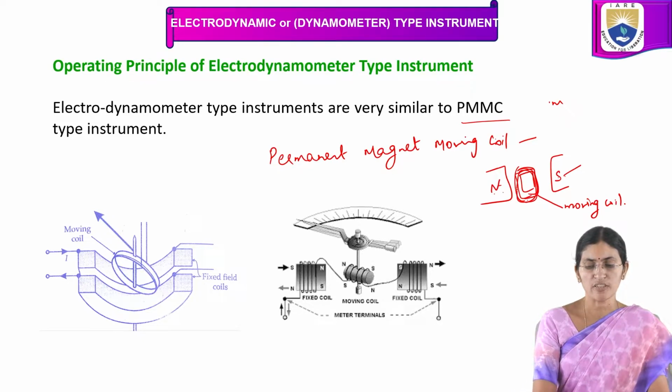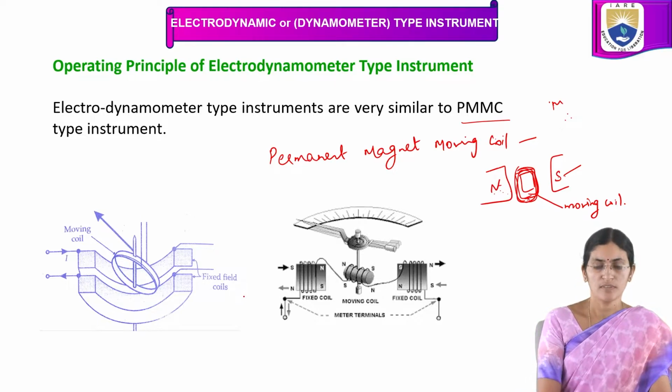Due to the interaction of these two fluxes, produced by the permanent magnets and by the moving coil, the moving coil will deflect under the action of these two fluxes. So the same working principle applies here also.